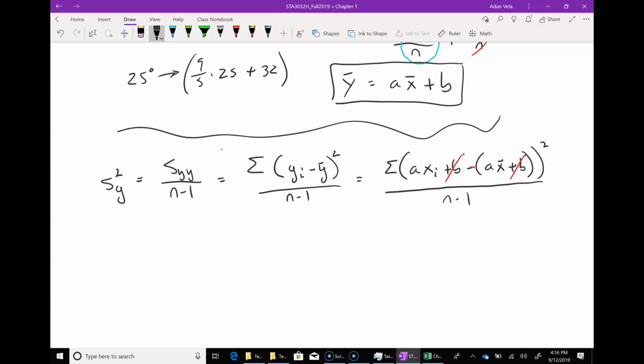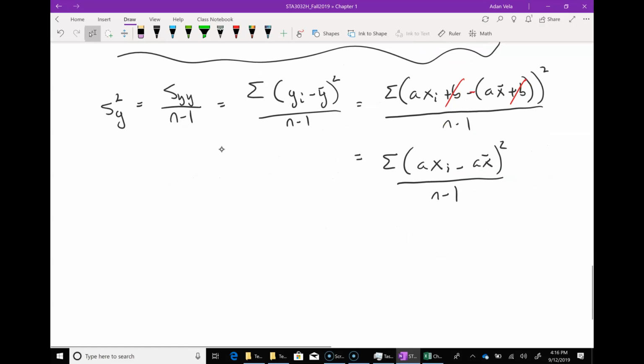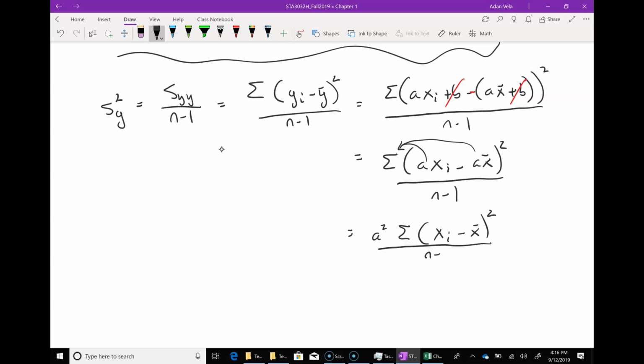What we're left with is axi minus ax bar, squared, over n minus 1. We can pull the a out, which gets us a squared times the summation of xi minus x bar squared over n minus 1.